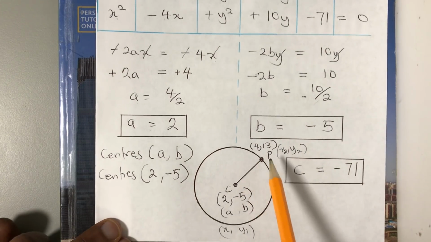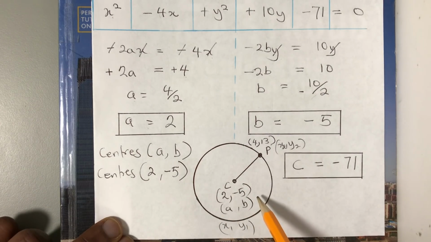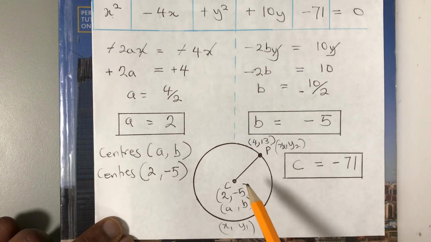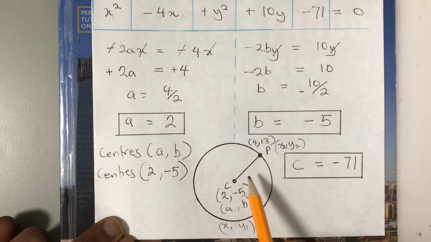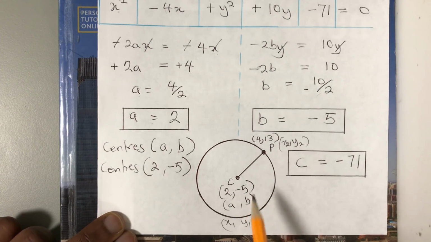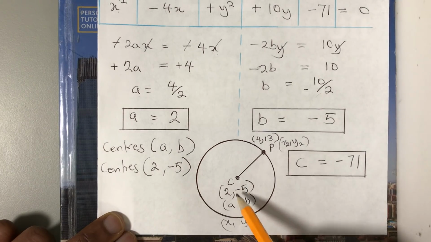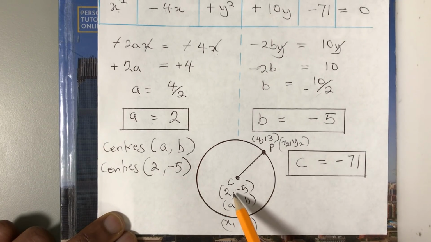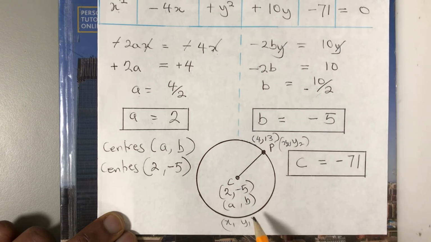So from there, we can deduce that the given circle has its center point, calculated from the equation of the circle, at (2, minus 5), as we have here. By slotting in the numbers calculated, which are 2 and minus 5, we find our center point.